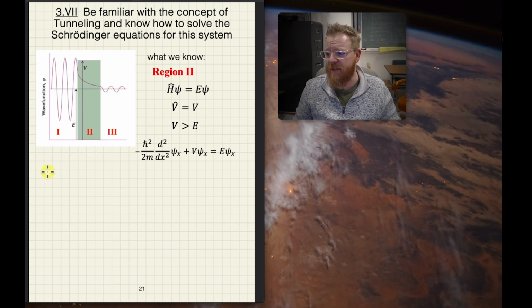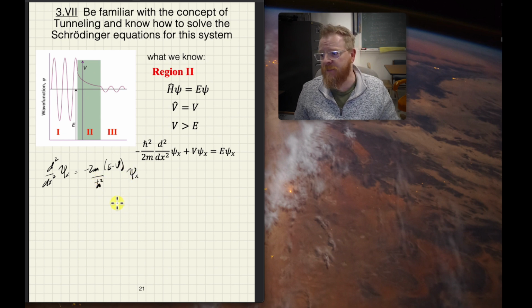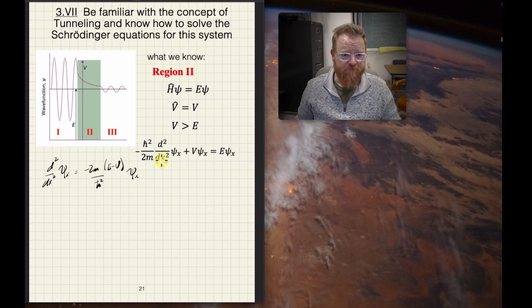So following the same method we did before, I will write the second derivative in psi, and just collecting all of the constants and doing some algebra, I get negative 2m times the quantity E minus V, all divided by h bar squared times psi of x. Okay.